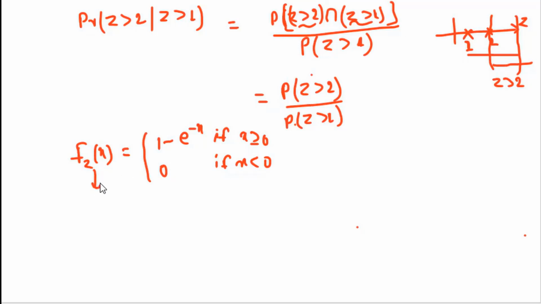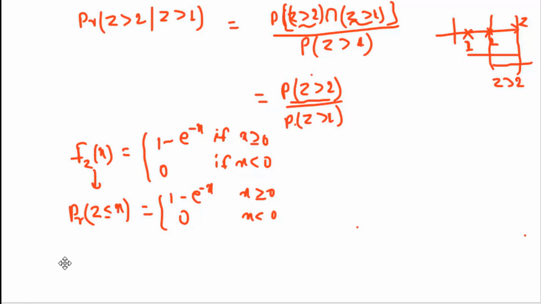So this is nothing but the given probability of z less than or equal to x, which is equal to 1 minus e to the power minus x for x greater than or equal to 0, and 0 for x less than 0. But you need to find out the probability of z greater than 2.